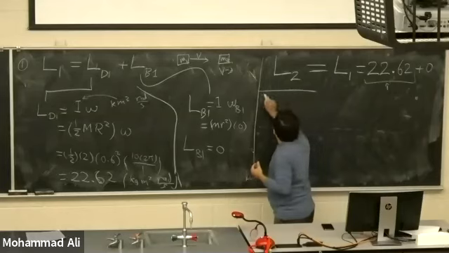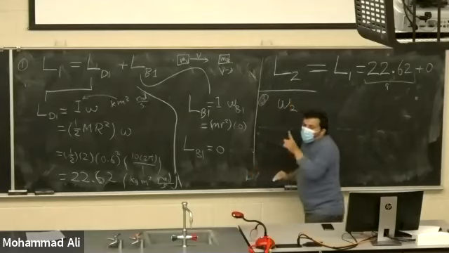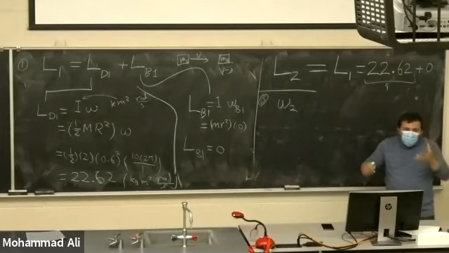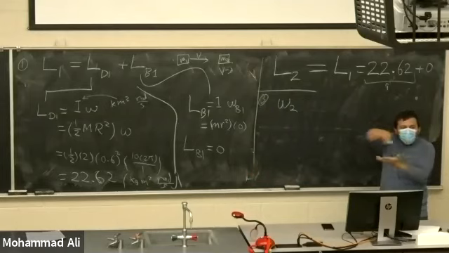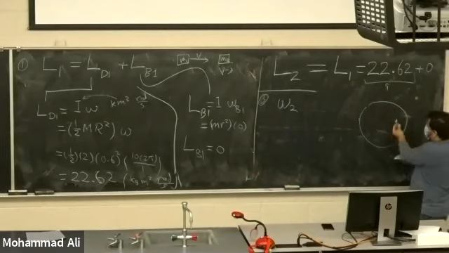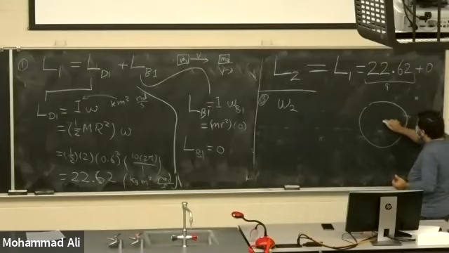So the third requirement, we need to find omega 2. Now the two masses move with the same velocity because the ball is stuck at this point, because there is a hole. This is with capital R and this is with small r. This is capital M, this is small m.